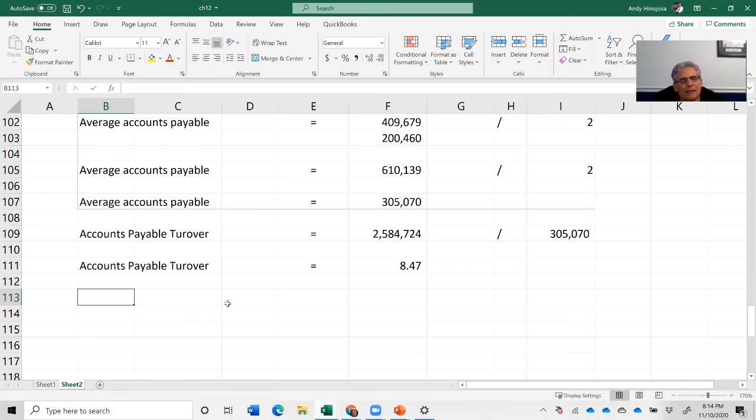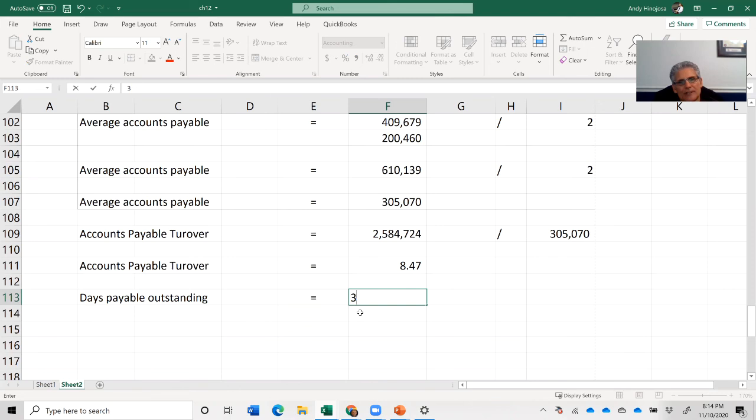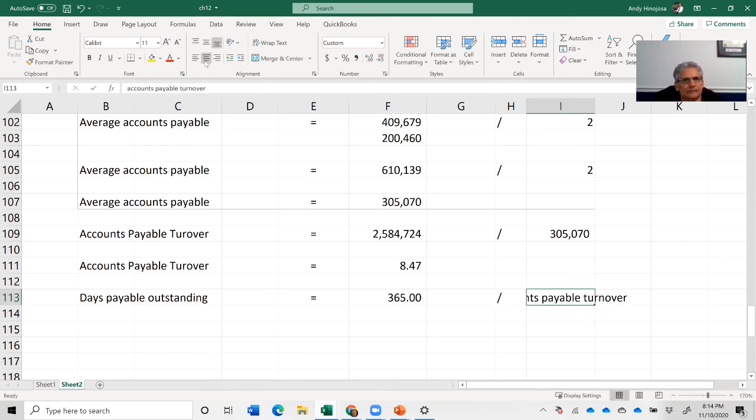So now that we have the accounts payable turnover computed, we can then compute what's referred to as DPO, or the days payable outstanding. And the way we compute the days payable outstanding is we take 365, we divide that by accounts payable turnover. Now we just computed the accounts payable turnover to be 8.47.